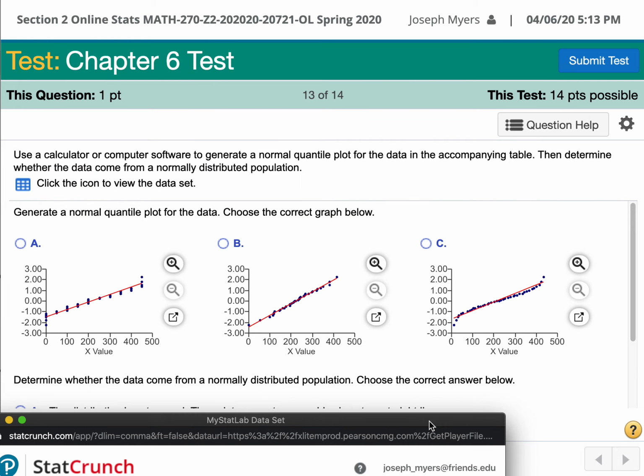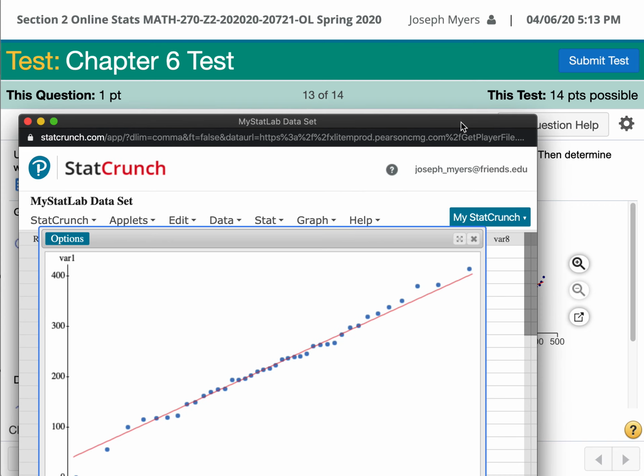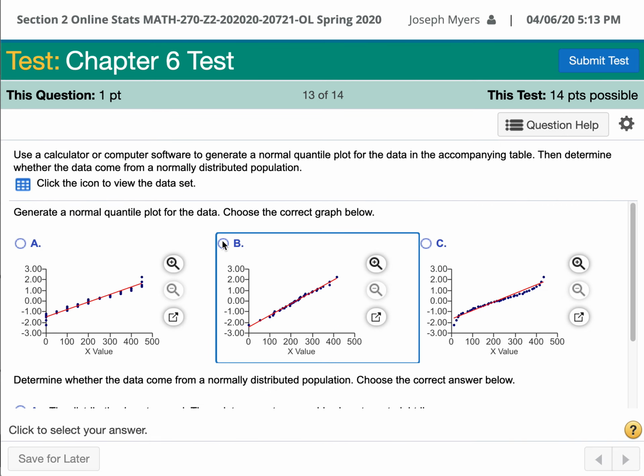So I'm going to just use the middle one.